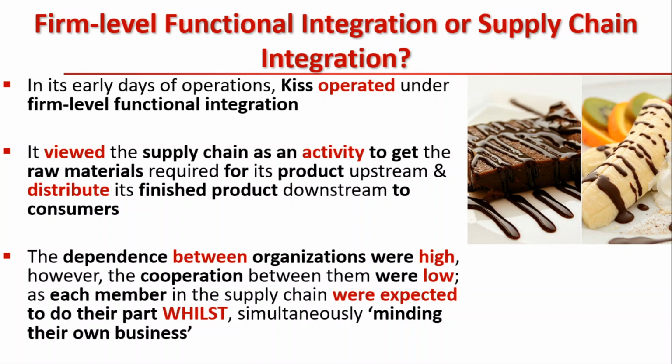So ideally here, they viewed the supply chain as an activity to get the raw materials for its product and basically to distribute its final product to customers. So here is where you're starting to gain into utilizing the concepts and understanding the model.